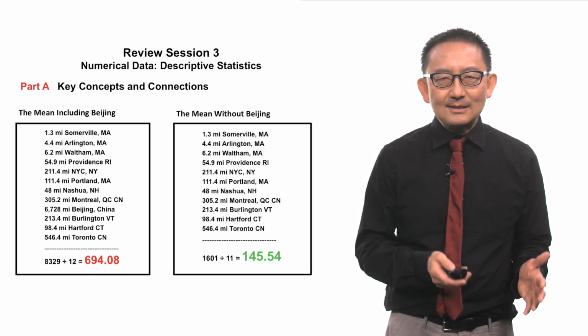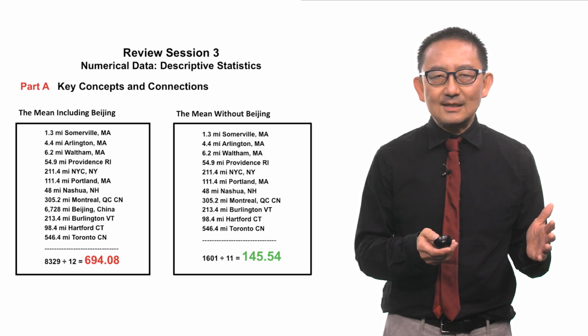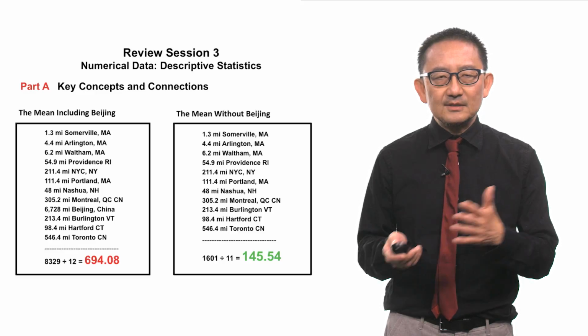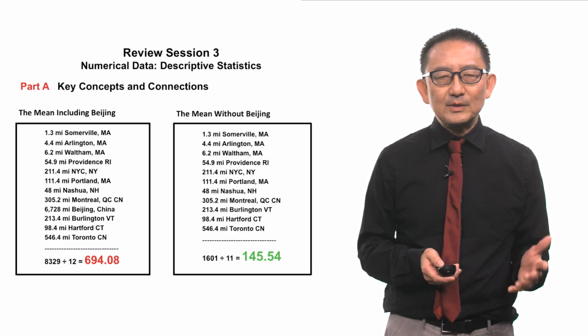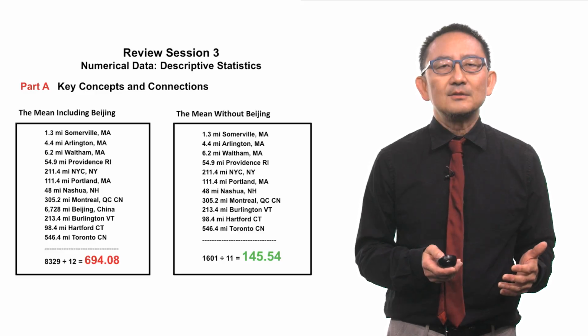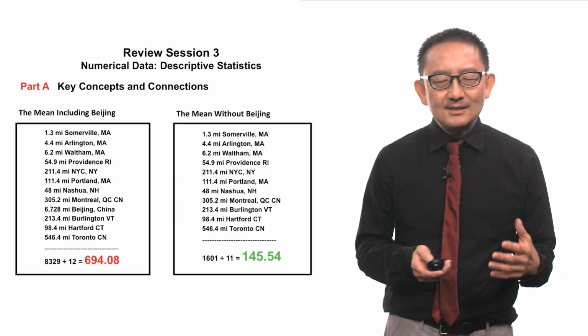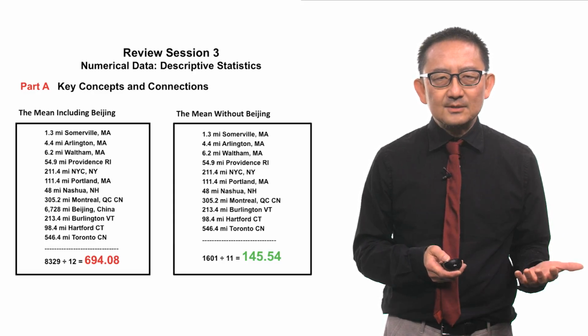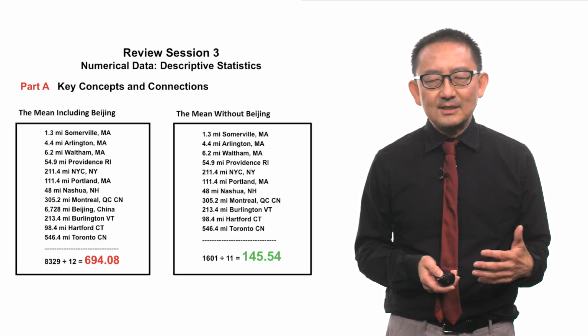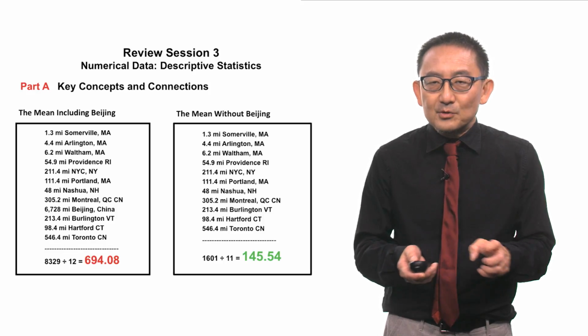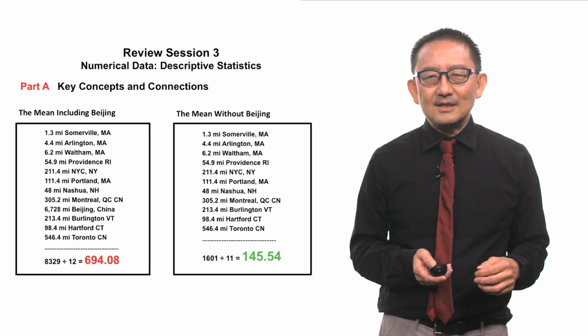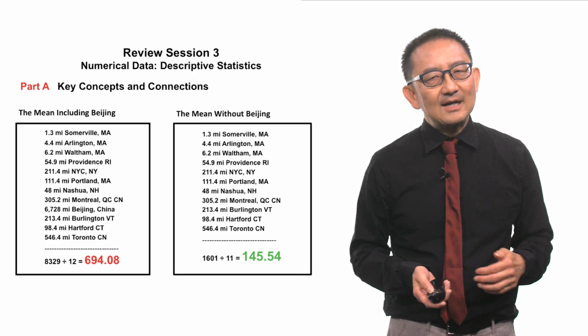Let's compare the means of the two groups of numbers, with and without Beijing. You'll notice that with Beijing, the average is 694 miles or thereabouts. And when we remove Beijing, we have a distance of 145.